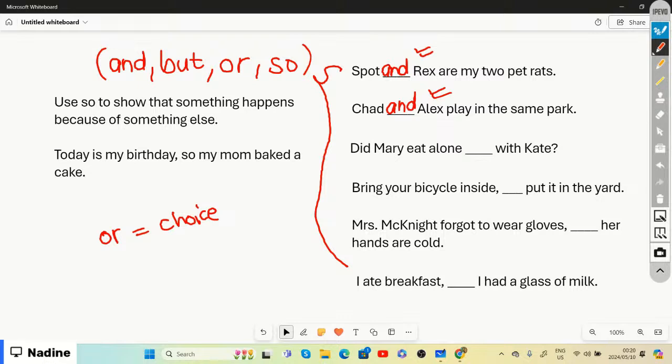The next one says, did Mary eat alone with Kate? So do we say, did Mary eat alone and with Kate? Did Mary eat alone but with Kate? Did Mary eat alone or with Kate? Or do we say, did Mary eat alone so with Kate?